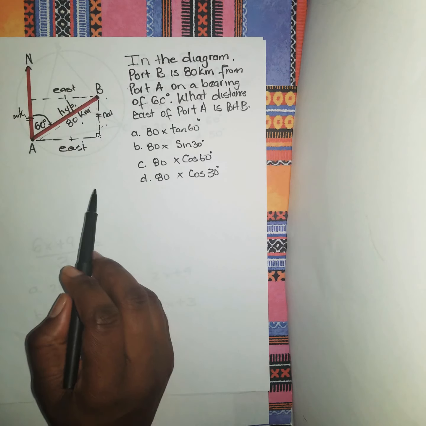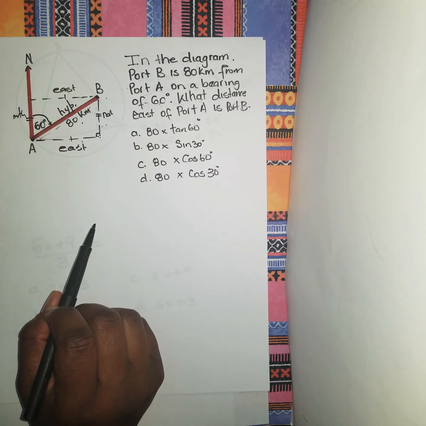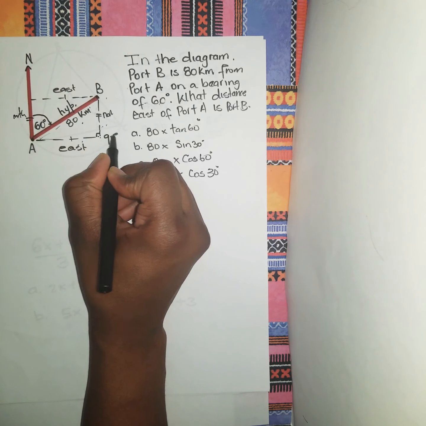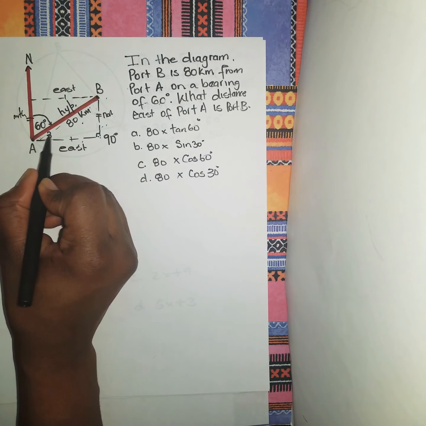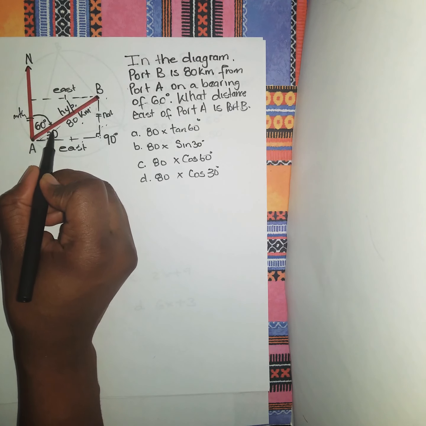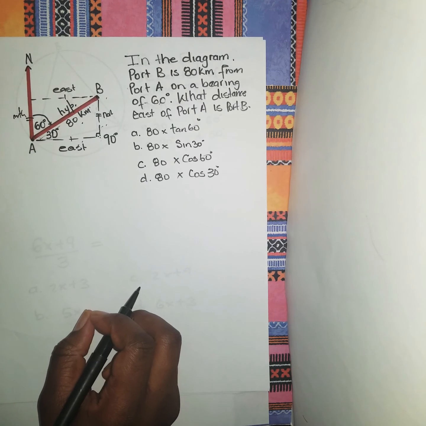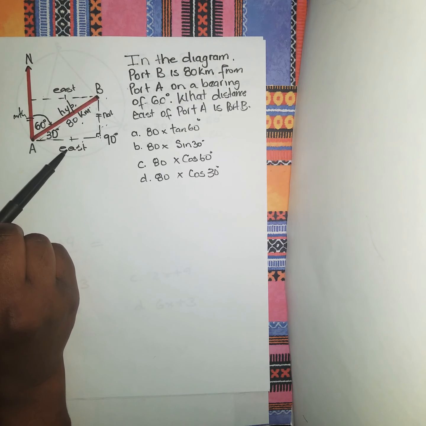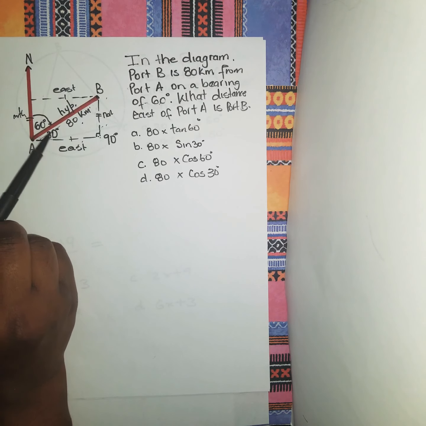So it can be drawn anywhere. Also, we know that east represents 90 degrees, all right? And so if this is 60, this angle here will be 30 degrees. Okay, so we want to find the east. We can use this triangle or this triangle. It doesn't matter. The only difference is the angle here changes.